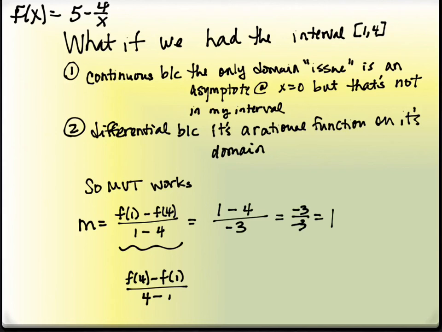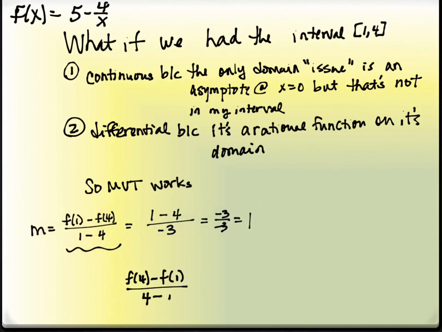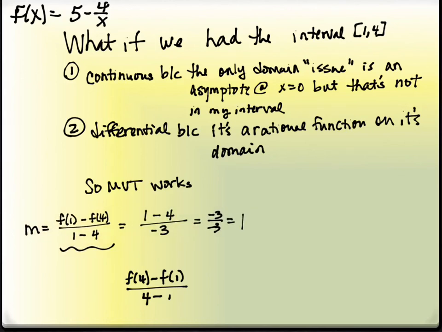So we're going to take our derivative, which is maybe not the nicest thing that we've ever done. So I need the derivative of 5 minus 4 over x. So what's the derivative of 5? 0. That's good news. How about the derivative of the negative 4 over x?